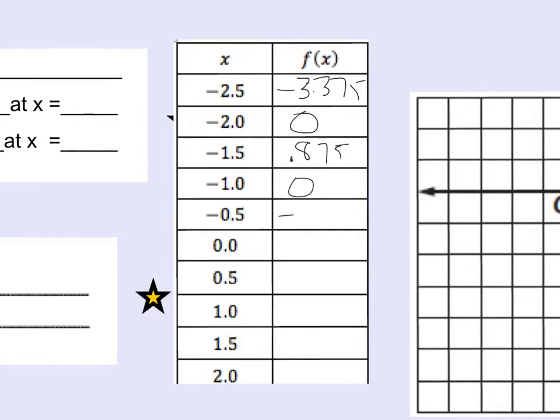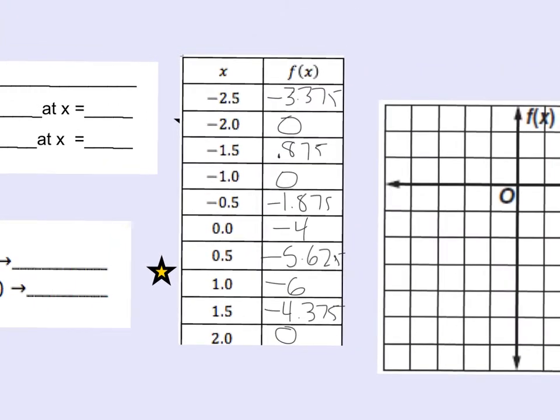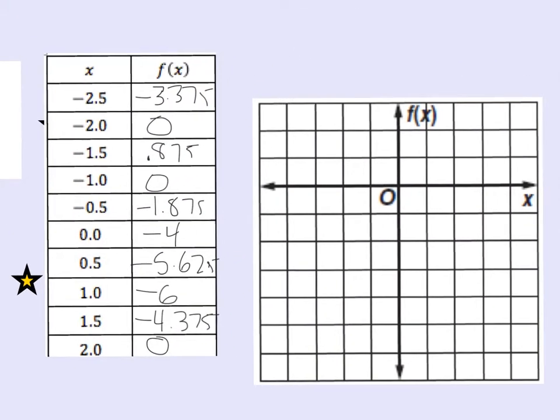Negative 0.5 becomes negative 1.875. 0 is going to be at negative 4. 0.5 is going to be at negative 5.625. 1 is going to be at negative 6. 1.5 is going to be at negative 4.375. 2 is going to be at 0. And that's my table.